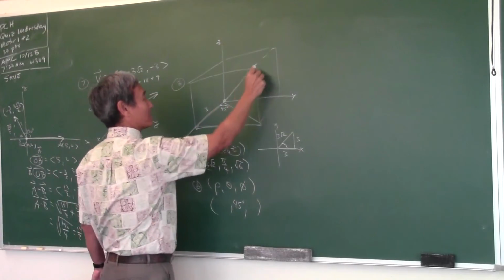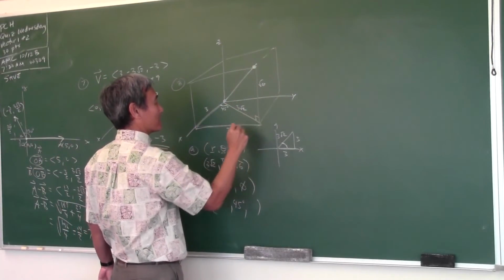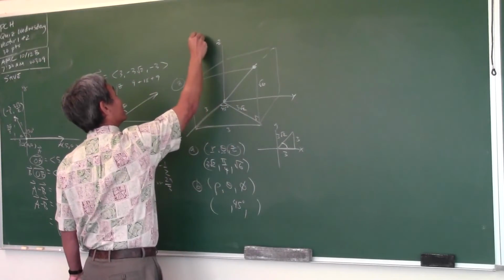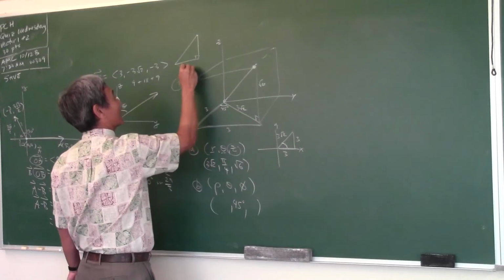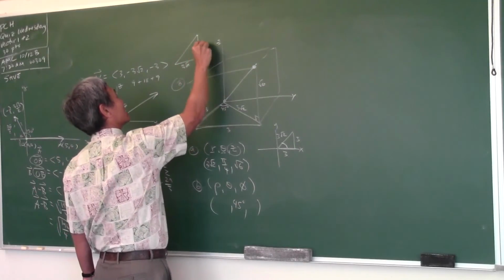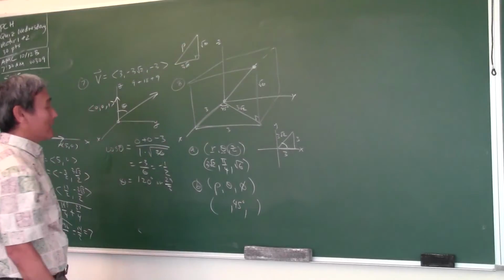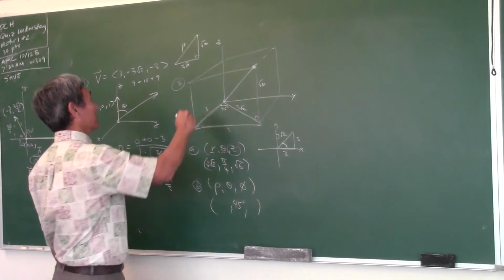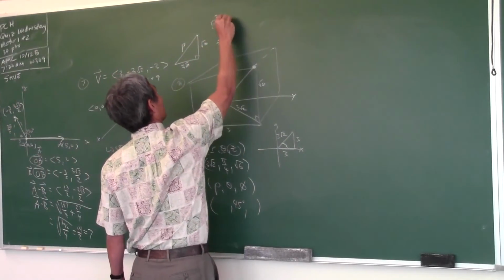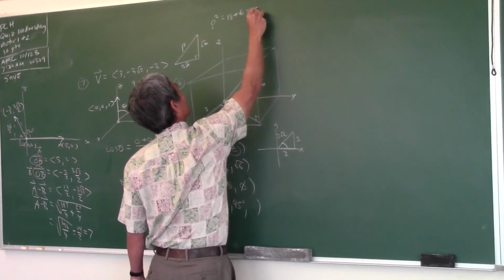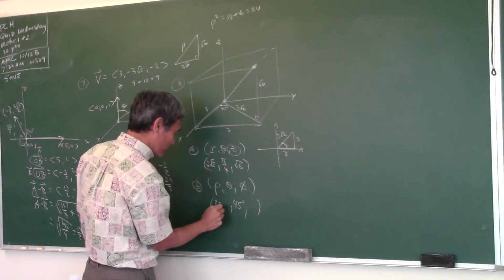Well, isn't this a right triangle right here? Look, there's a right angle there. If you know two sides of the right triangle, and again, if you need to draw another triangle like this, if this is 3 root 2 and this is root 6, can I figure out the hypotenuse? I'll call it rho. Yeah, use the Pythagorean theorem. So rho squared is equal to 3 root 2 squared plus root 6 squared. That's 24. So rho is 2 root 6.